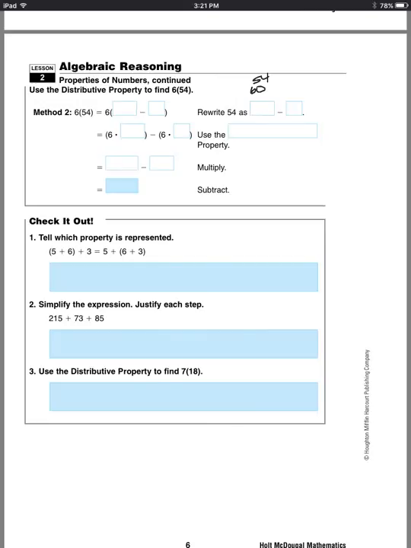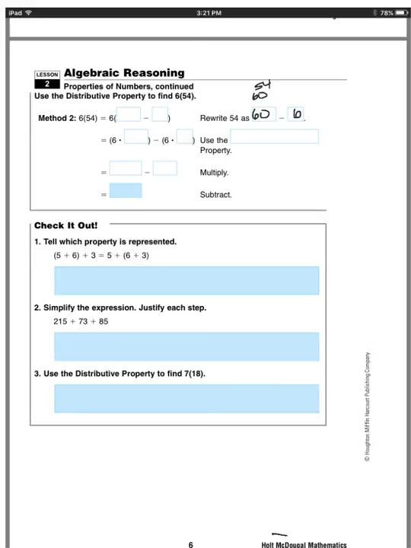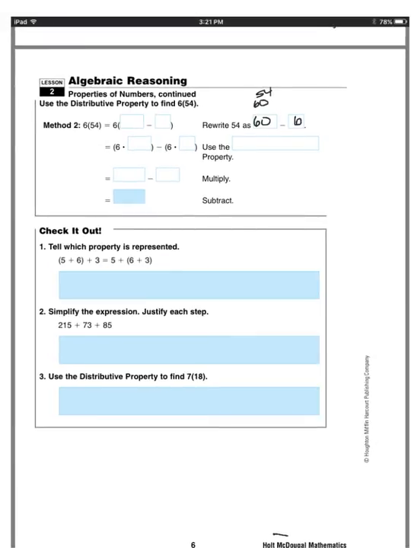So I can have 60, but if my number here is bigger than my starting number, I need to subtract to get back to my starting number, and I need to subtract 6 from it. So we would have 60 in our first spot, oops, and 6 in my second spot.